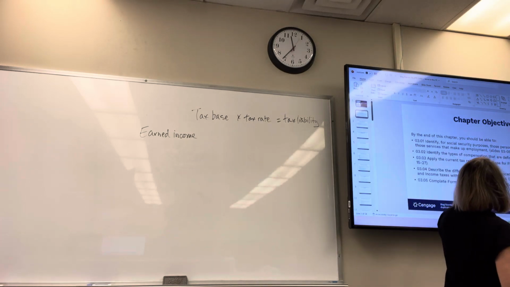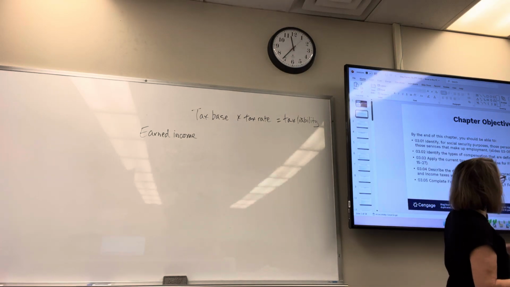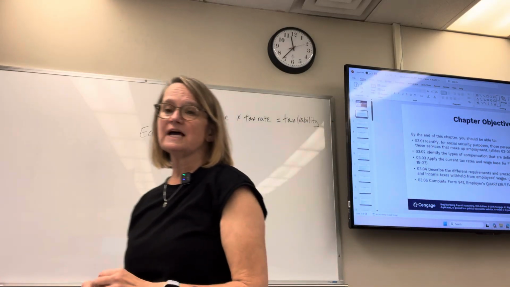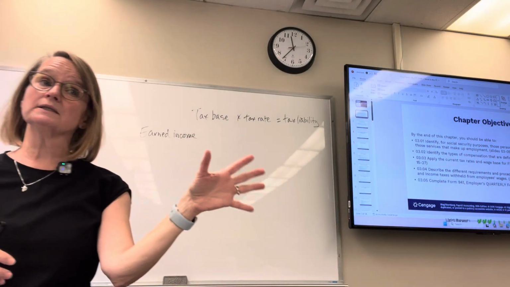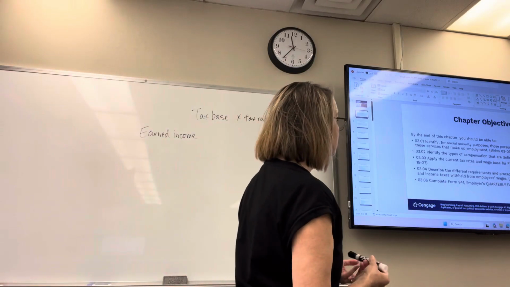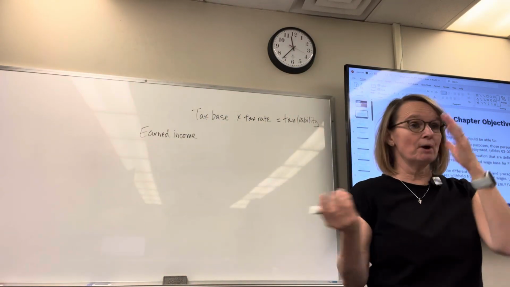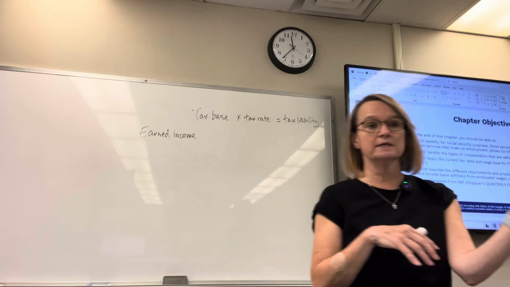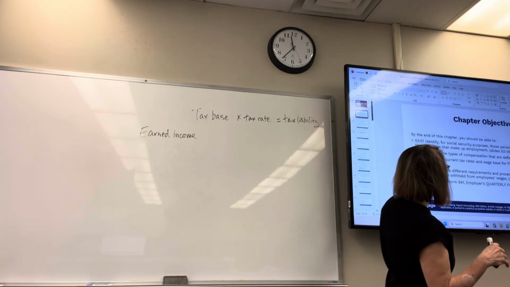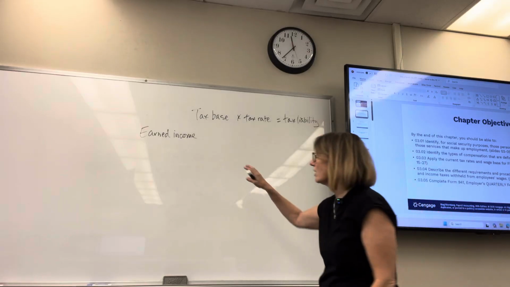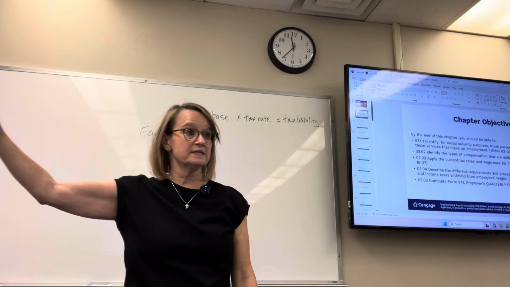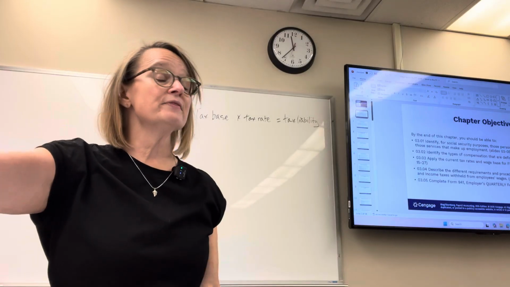Then we need to also talk about the types of compensation that are defined as wages. There are all different types of compensation. We talked about a lot of them in the last chapter, when we were talking about the FLSA, we talked about bonuses and commissions and different ways of paying people. Now we also have to define what types of compensation we are including in this tax base. There are certain types of compensation that are excluded.